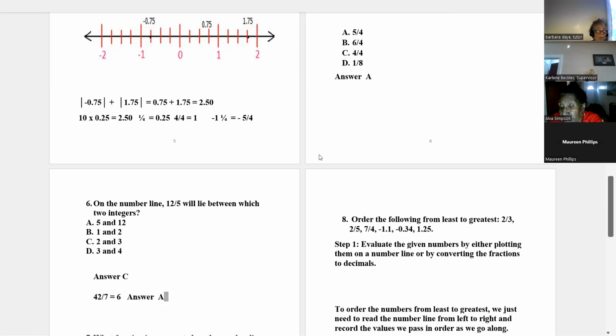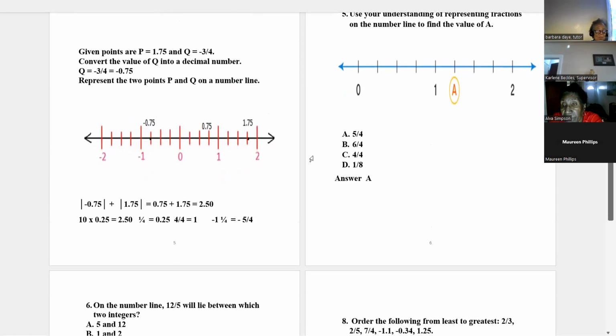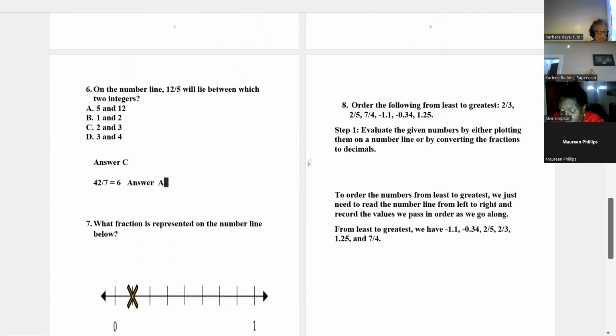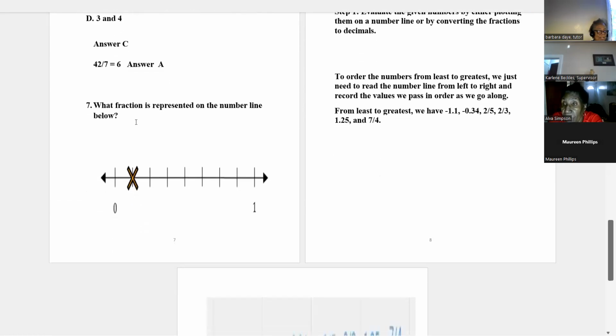Okay, let's go to 7. All right, can you see that number line? What fraction is represented on the number line below?